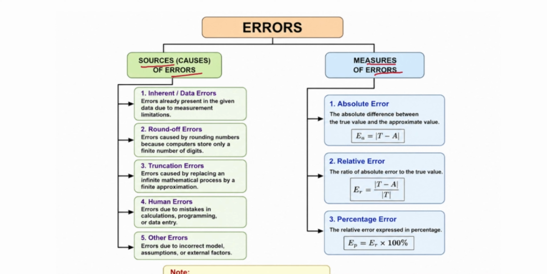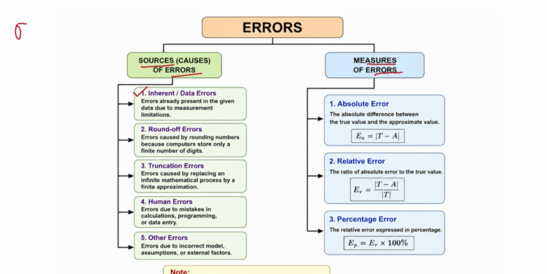So the first source is inherent error. It's also known as the data error. And this error already existed in the data before any computation begins. It usually arises due to limitations in measurements, instruments, or experimental observations.